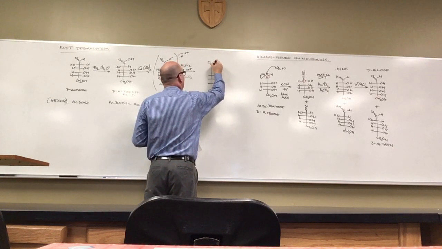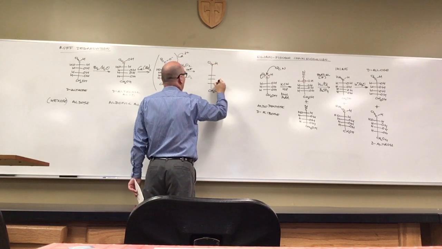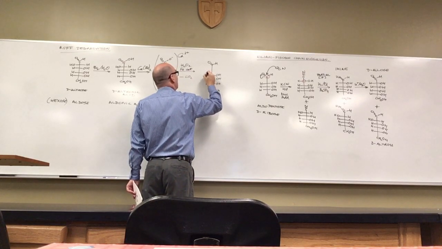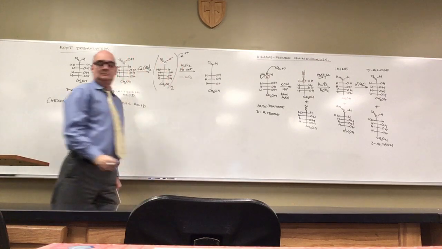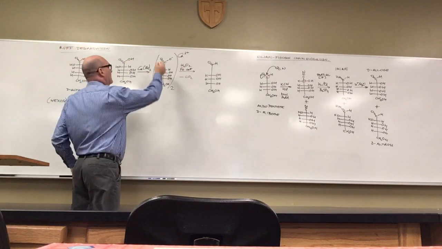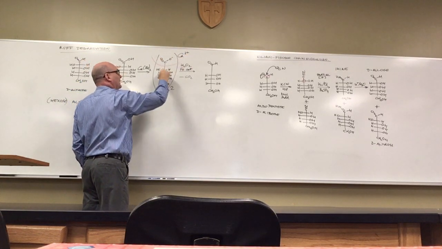And it's going to chop the top part of my molecule off. This is why we read them from the bottom up. That part is going to be lost right here.